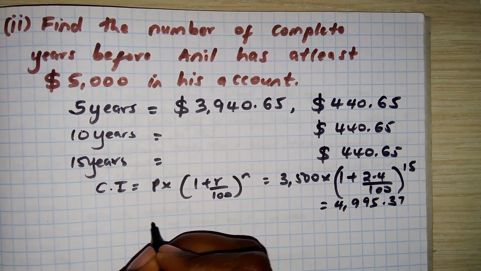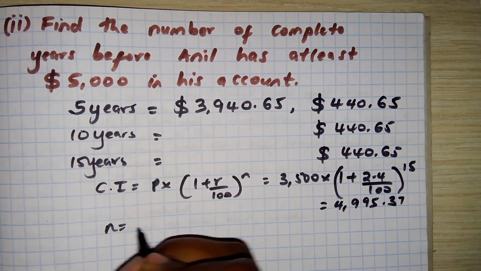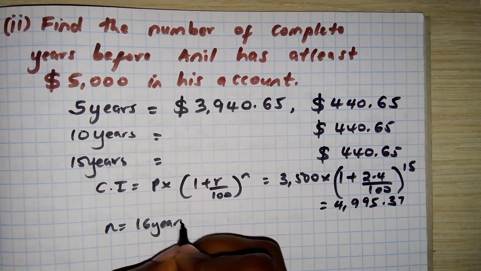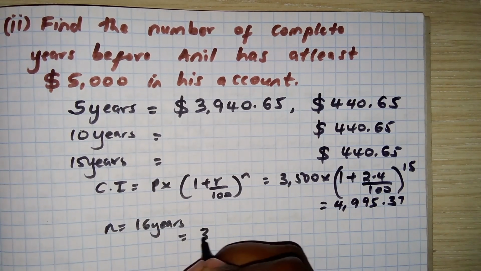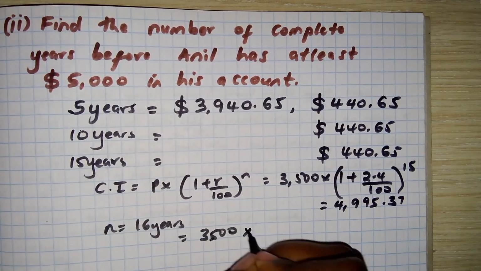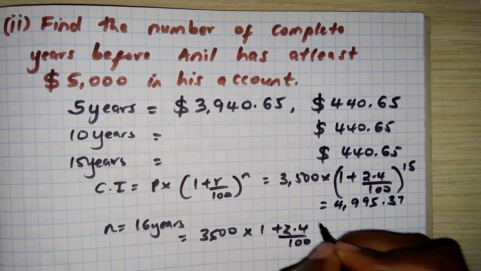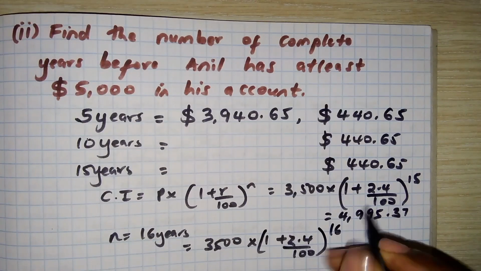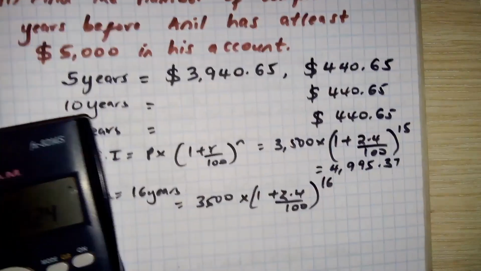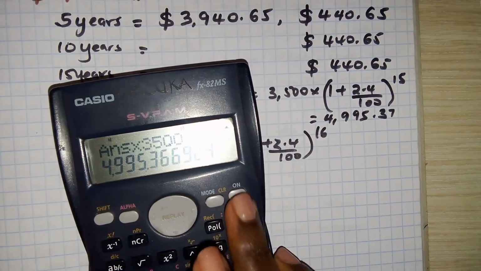So we can try with 16. Let's assume the time is 16 years. This will be 3,500 times (1 plus 2.4 all over 100) power 16. So let's try with the 16 years.